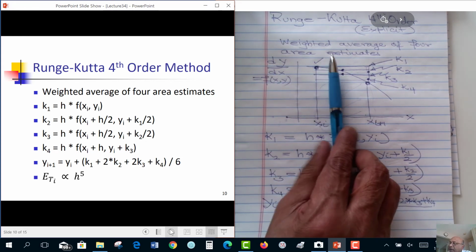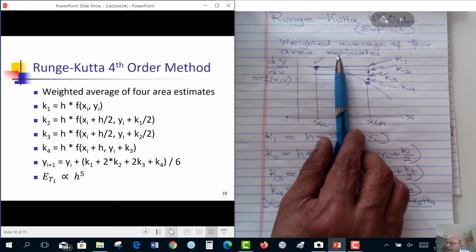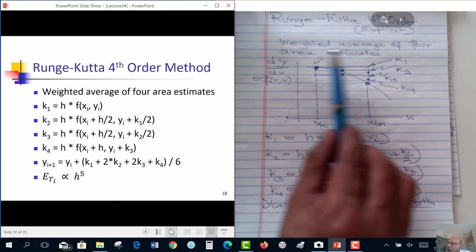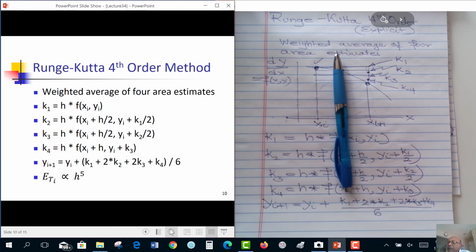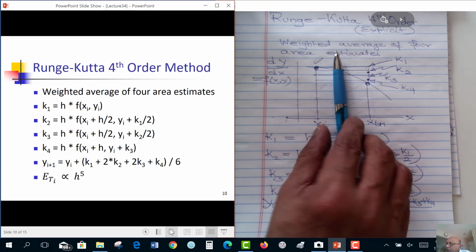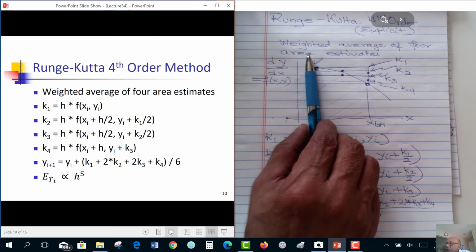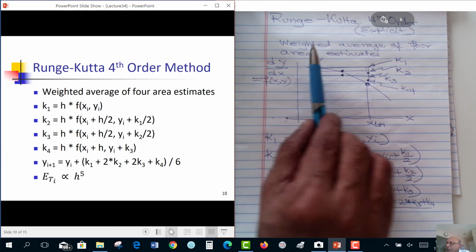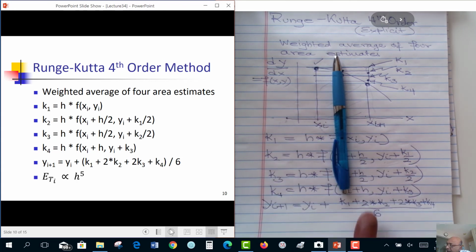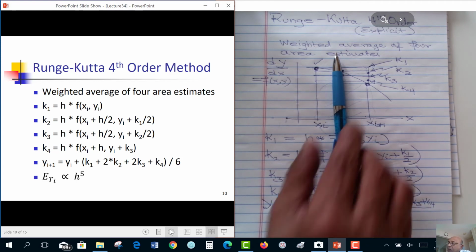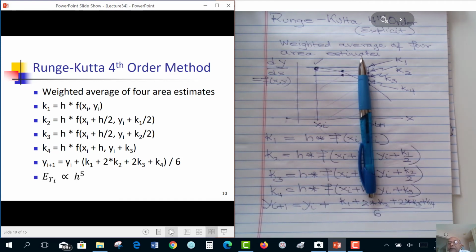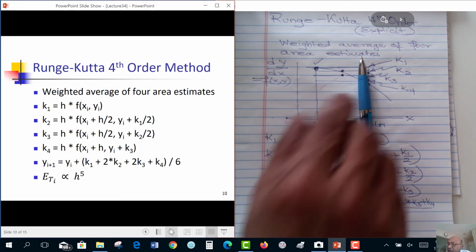So imagine Simpson's 1/3 rule, and we have split this whole strip into 2 mini strips. So what did we do? We gave 1 unit of weight to left, 4 units of weight to middle, and that's where you see 2k2 and 2k3, and 1 unit of weight to k4. So this is like Simpson's 1/3 rule.